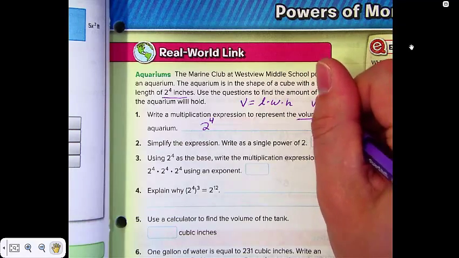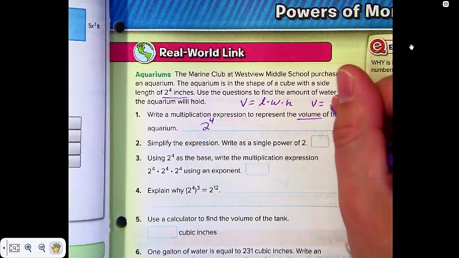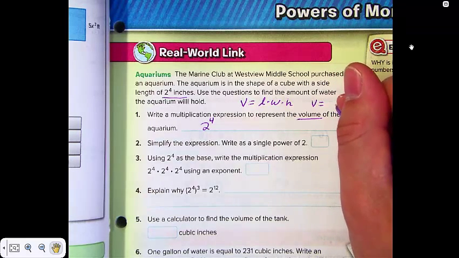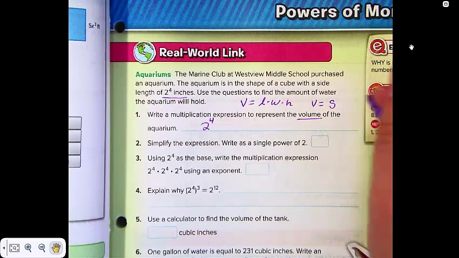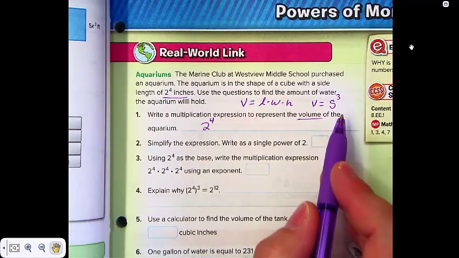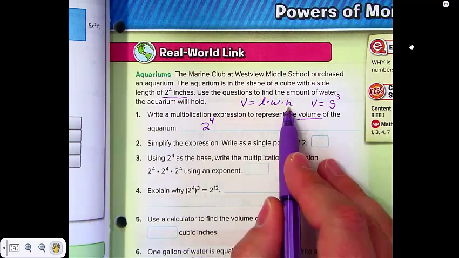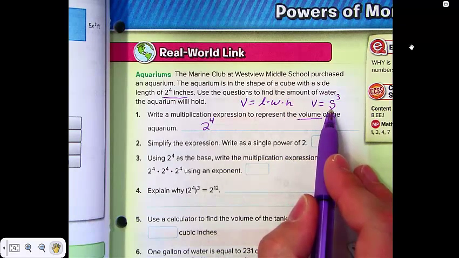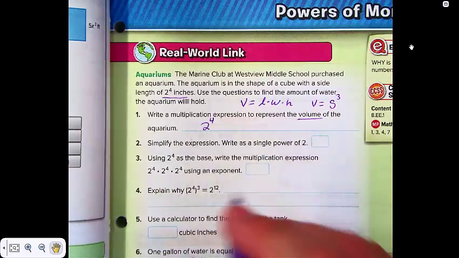You will often see for the volume of a cube this formula, V equals, and some people put L for length, some people put S for side. I typically do S for side to the 3rd power because it's that same side 3 times, which is basically this here, because your length, width, and height are all the same in a cube. So whatever side it gives you, you'll have 3 of them, since all the sides are the same.